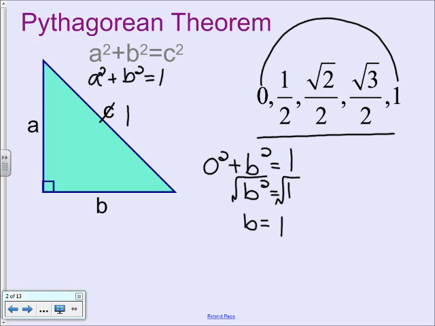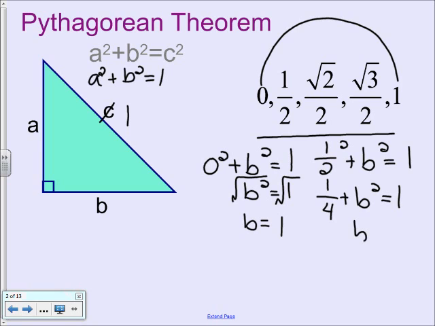Okay, so the next number in the list is 1/2. If we plug 1/2 in for a, we get 1/2 squared plus b squared is equal to 1. Now 1/2 squared is just 1/4, because you just square the top and bottom of the fraction. Subtract 1/4 from both sides, and we get that b squared is equal to 3/4.